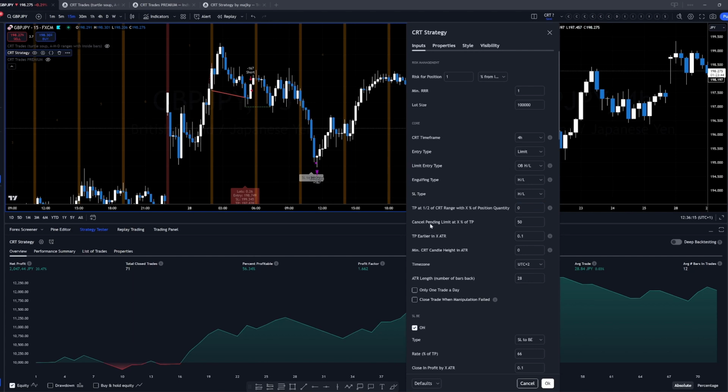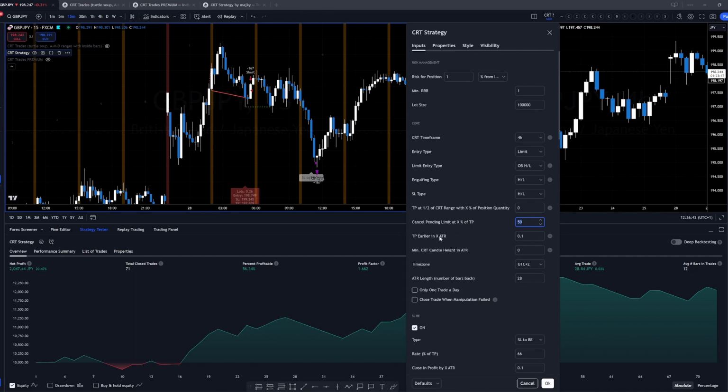Then, cancel pending limit at X percent of TP. So when it hits 50% of the TP, the pending limit will be deleted if the position wasn't entered.